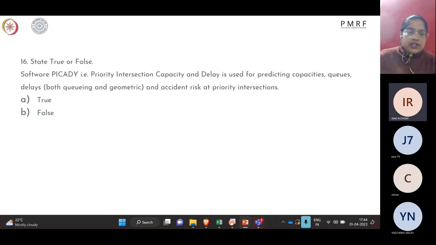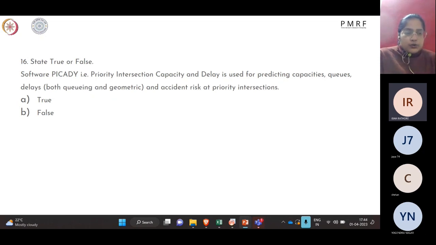So, moving on to question 16, again a question on transport related software. State true or false. The software PICADY, that is priority intersection capacity and delay, is used for predicting capacities, queues, delays, both queuing and geometric, and accident risks at priority intersections.